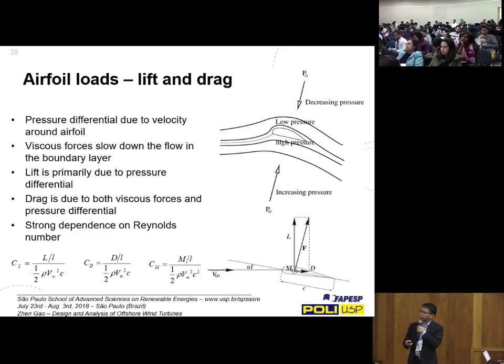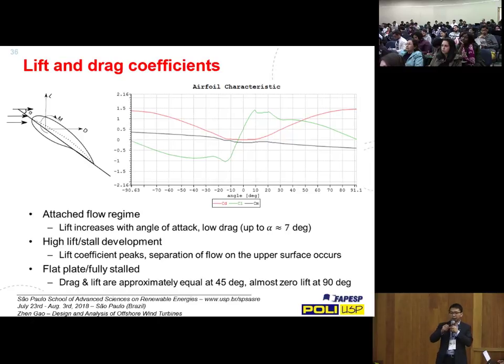And they, of course, depend on the angle of attack. Here I'm showing the lift and drag coefficients as a function of angle of attack defined here. It's not very clear, but this green curve is the lift coefficient and the red curve is the drag coefficient.